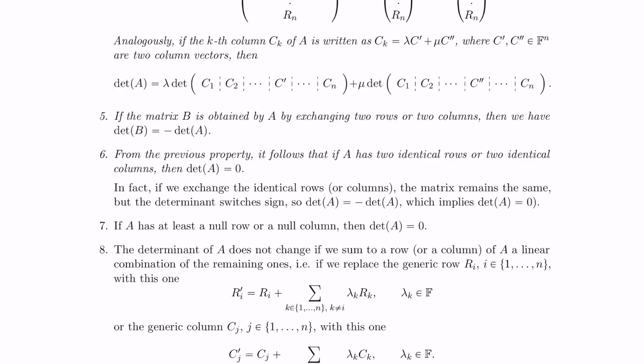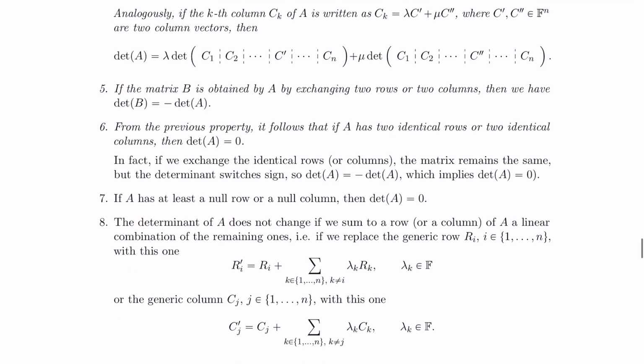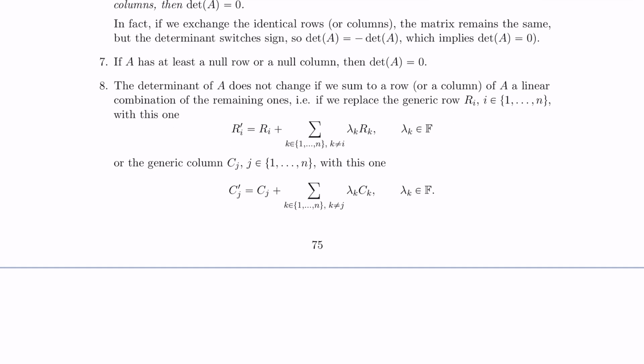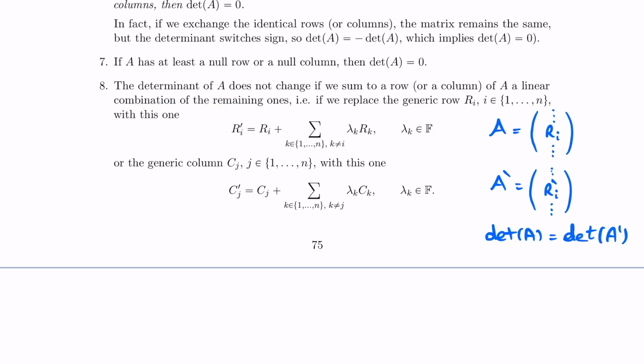Now we discuss a property of the determinant that we will use all the time in chapter 3 when we will deal with systems of linear equations. The determinant of A doesn't change if we sum to a row a linear combination of the remaining ones. Let's see what it means.